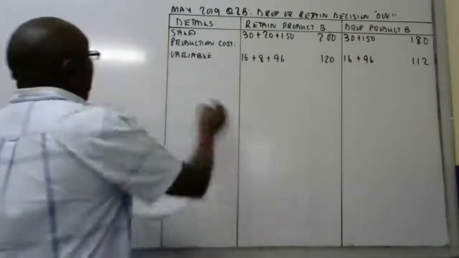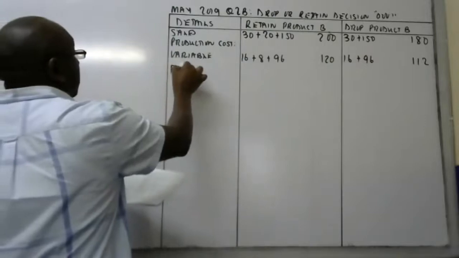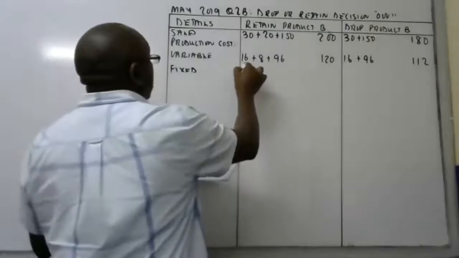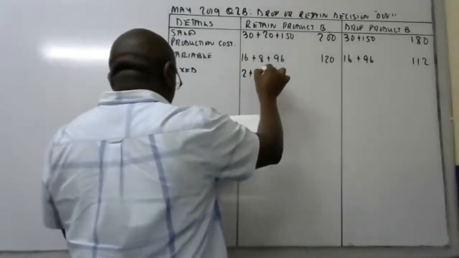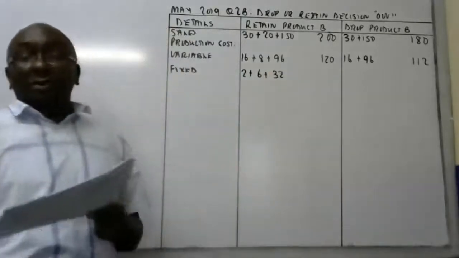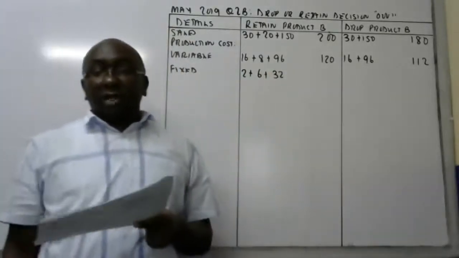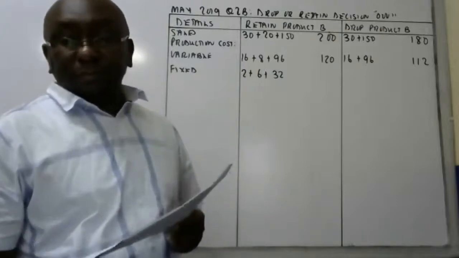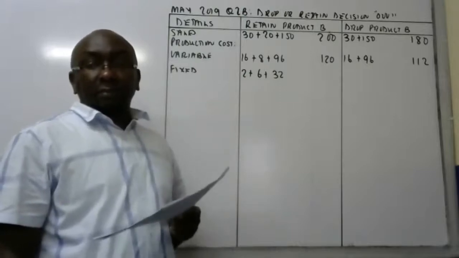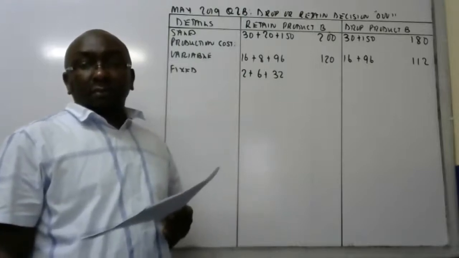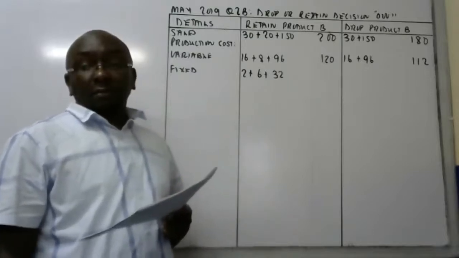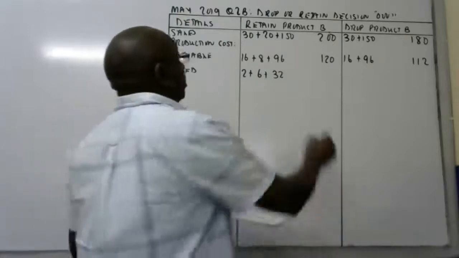Then from there, I have the fixed. Now the fixed is 2 plus 6 plus that 2, which gives us 40.